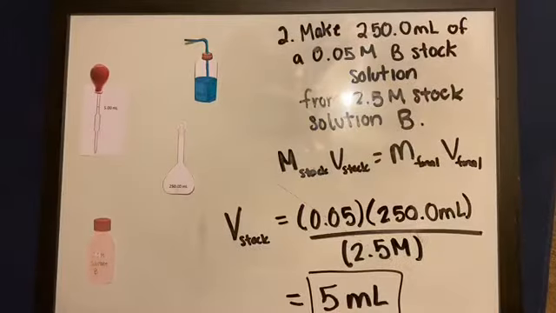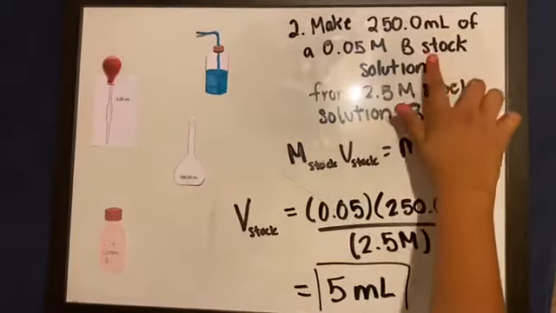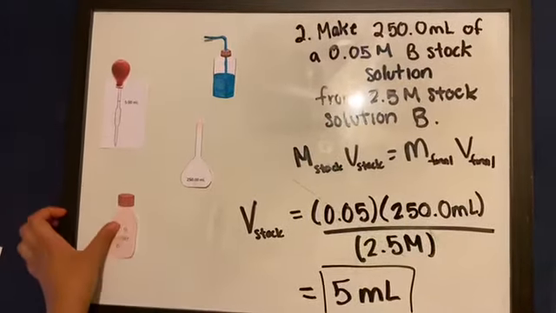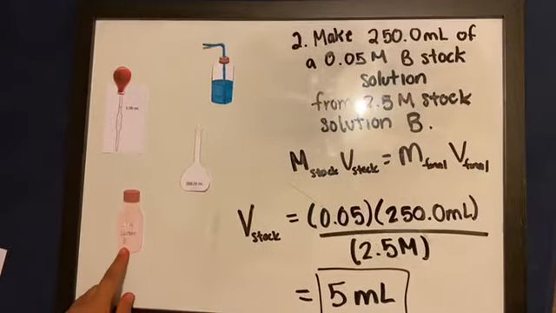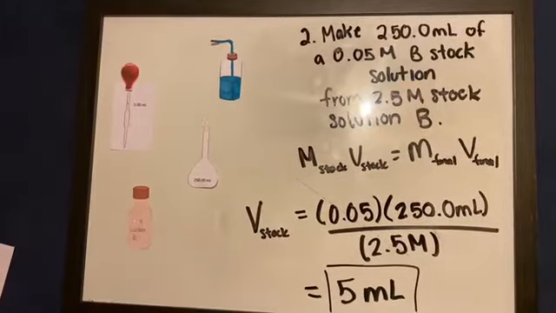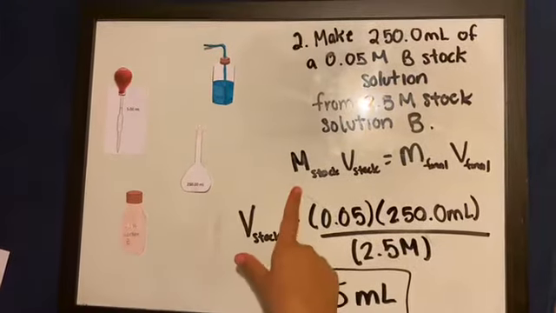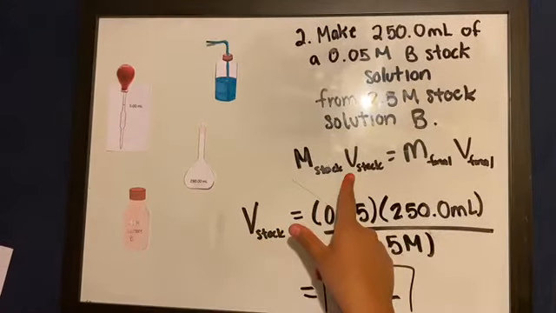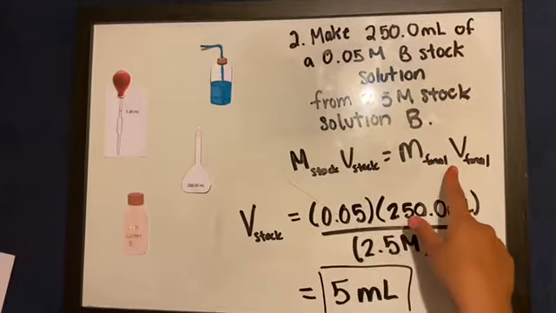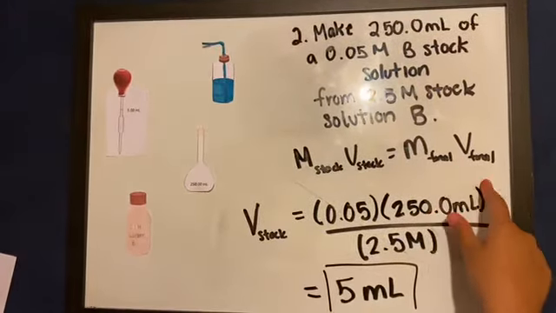So for question 2, we are asked to make a 250 milliliter solution of 0.05 molarity from the stock B solution that is 2.5 molarity. To do this, we use the equation molarity stock times the volume stock equals molarity of the final times the volume of the final.